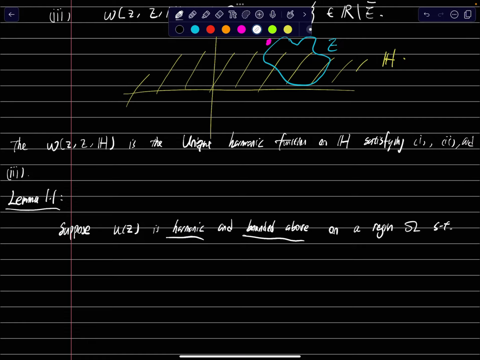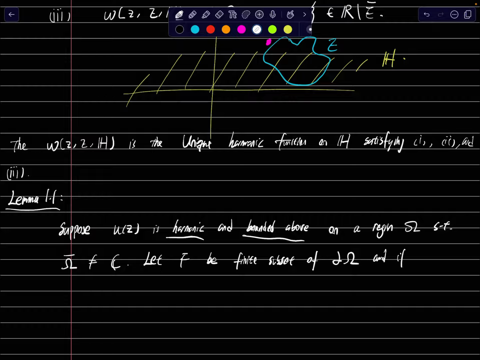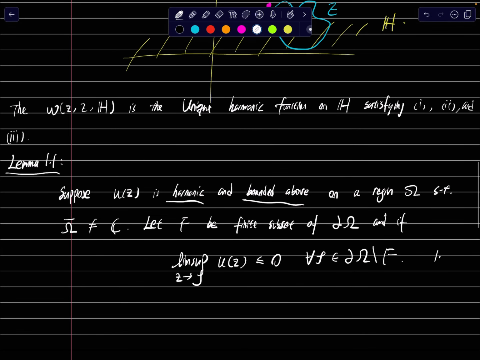such that omega is not too big, by which we mean the closure of omega does not equal the complex plane. And if we let F be a finite subset of the boundary of omega, and if the limsup as z goes to zeta of u(z) is smaller or equal to 0 for each zeta in the boundary of omega minus F, we call this equation 1.2.